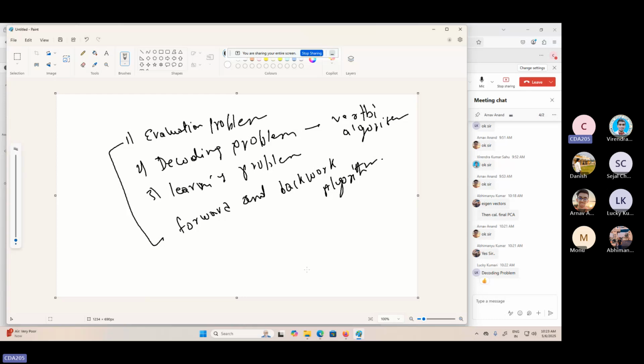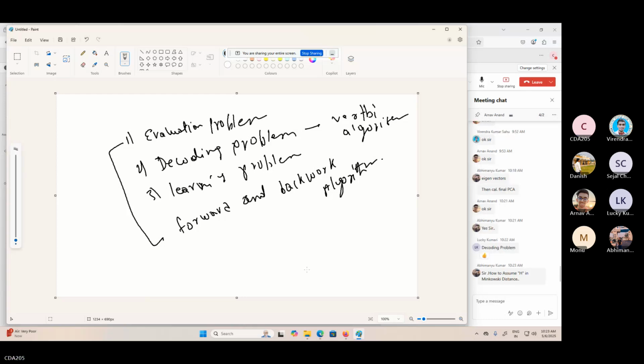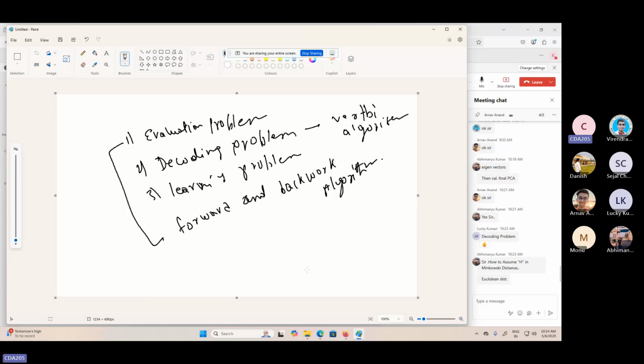We have seen also one thing. What you are asking, Manu, depends upon the applications. Like in the Minkowski distance, if we take h is equal to 2, then it acts as the Euclidean.